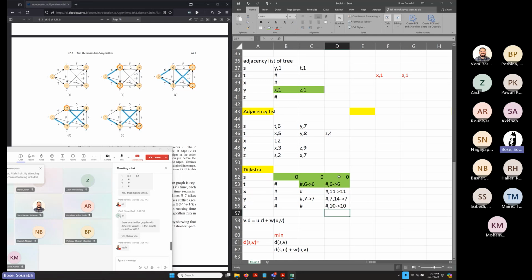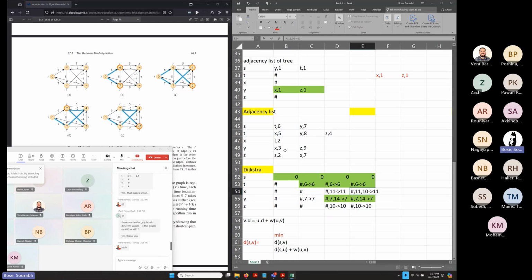I'm now going to copy over the full thing, but I think this is the next smallest one to be extracted. So I'm going to create a new column. And now I'm going to ask from Y, what are the outgoing edges? So I have one to X and one to Z. X is currently 11. I am offering 10, right? 7 plus 3, I am offering 10.